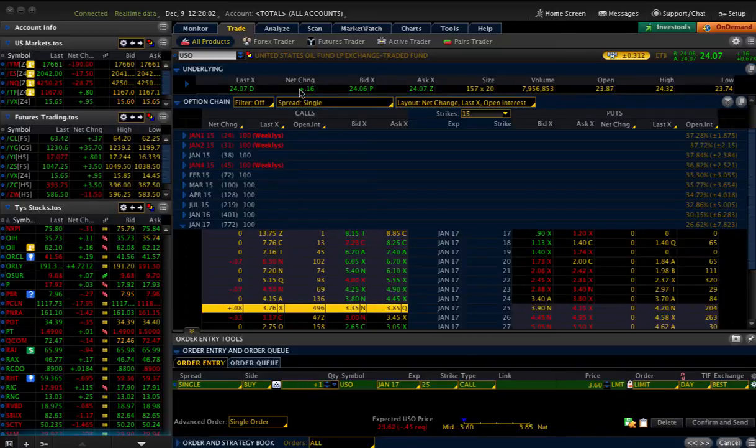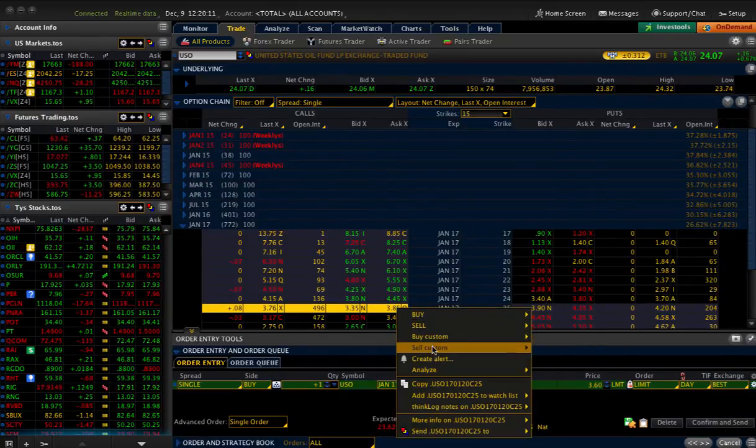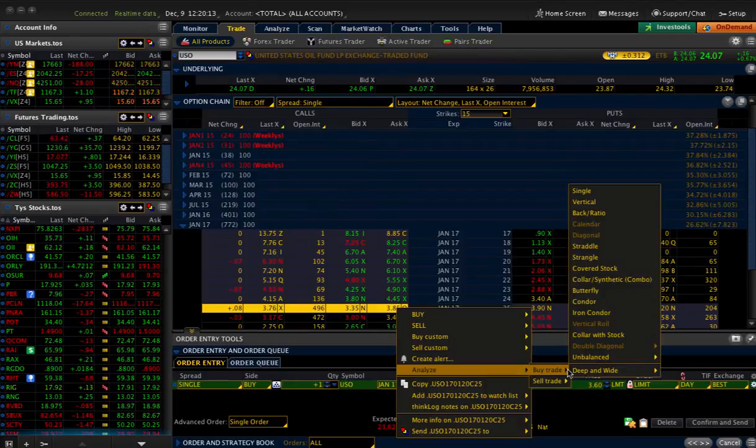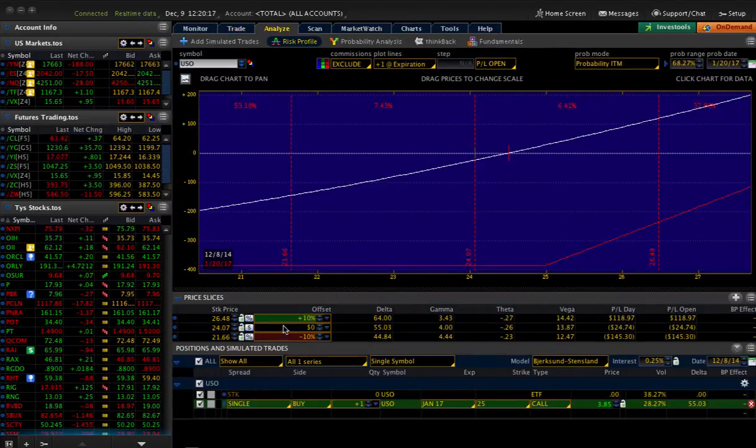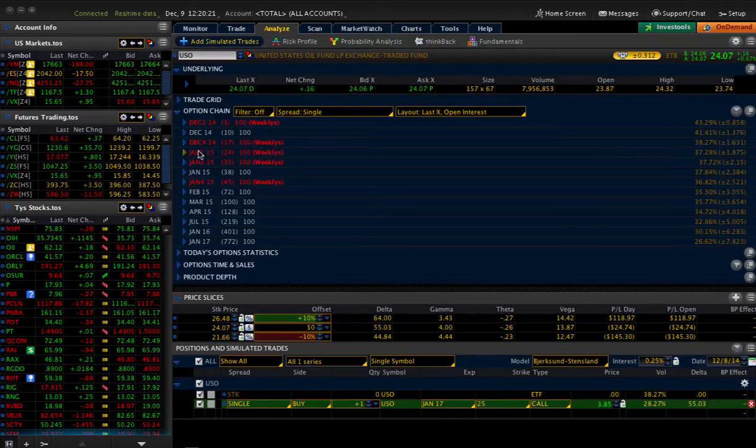One of the cool pieces of technology available on this platform is the Analyze tab. If I right click on this and go to Analyze, I'm just going to do a single right now, and I'm going to take it a little step further by adding a simulated trade, and I'm also going to sell. See over here, these are the volatilities on the monthly options.